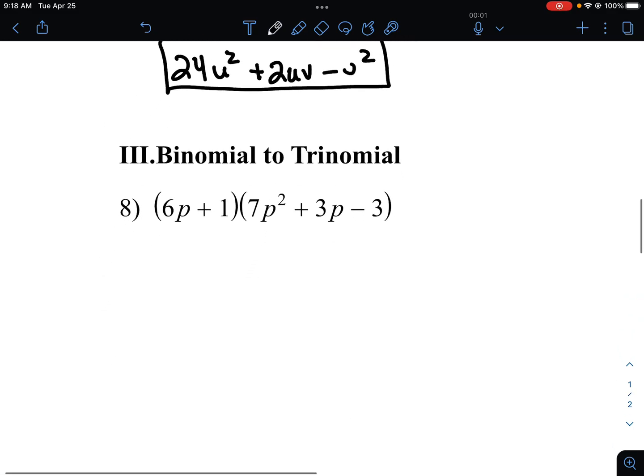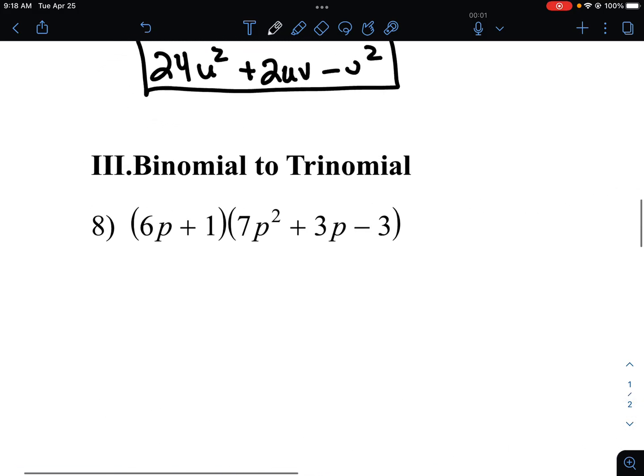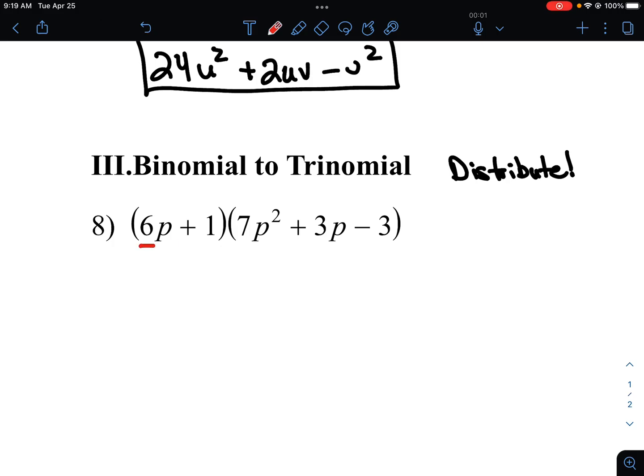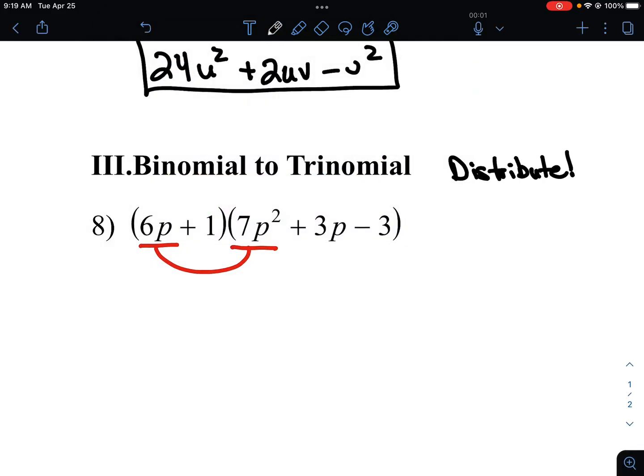Number 3, binomial times a trinomial. This one here is, again, just a game of distributing. And the more that you keep things organized, the better it will be. So I'm going to use two different colors here and kind of follow what I do. 6p times 7p, okay? So start out just doing 6 times 7, 42.